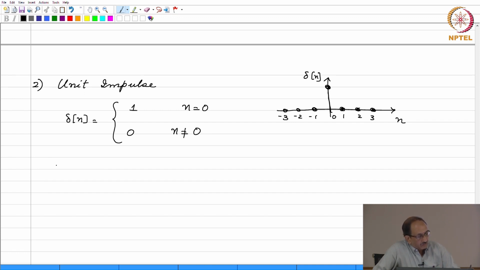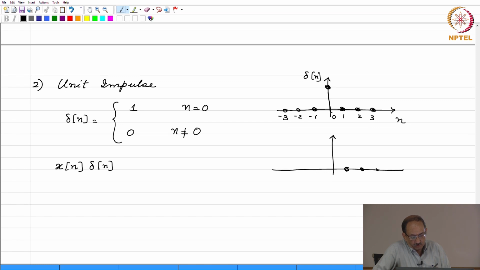And one of the things that happens when you multiply an arbitrary sequence x of n with delta of n is this: at every point where n is not equal to 0, delta of n is 0, therefore the product is 0.